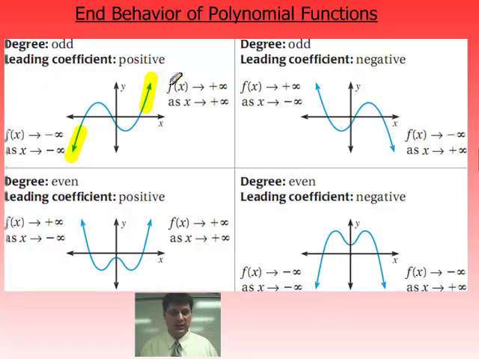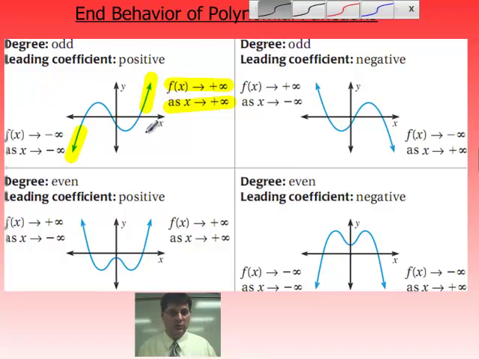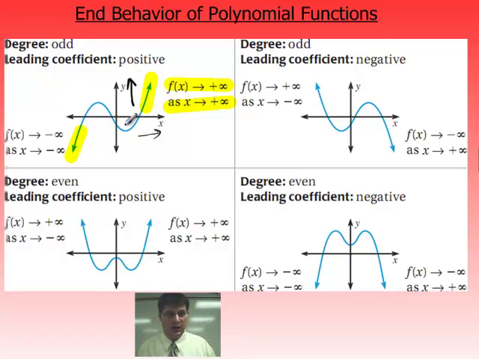So we write it just like this. f of x is approaching positive infinity as our independent variable x approaches positive infinity. So as we're going to positive infinity in this direction, it's going to positive infinity in this direction. And that's when it's odd and positive.